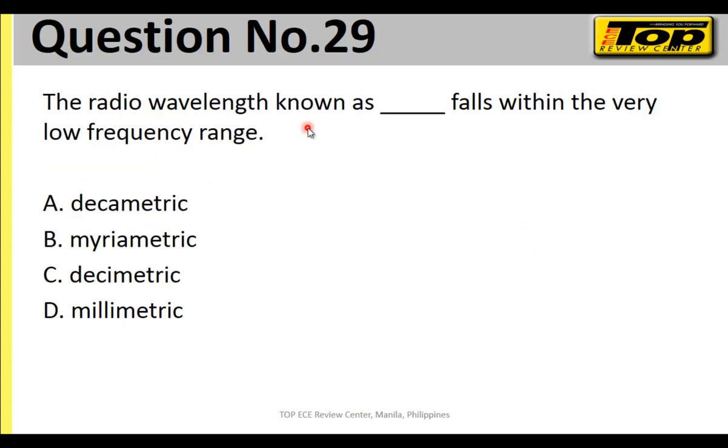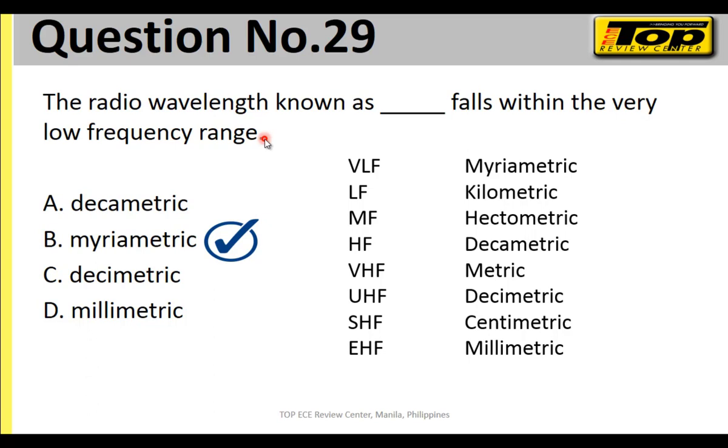Okay. Next number 29. The radio wavelength known as blank falls within the very low frequency range, or the VLF. And the answer for that, we all know na naituro ko na sa inyo yan, no? The other name for very low frequency is the Myria metric. At meron pa nga tayong mnemonic dyan for other frequency ranges. We have the VLF, that is Myria.